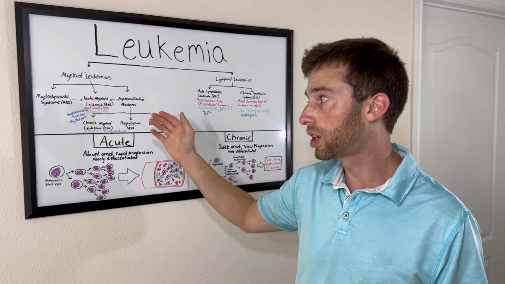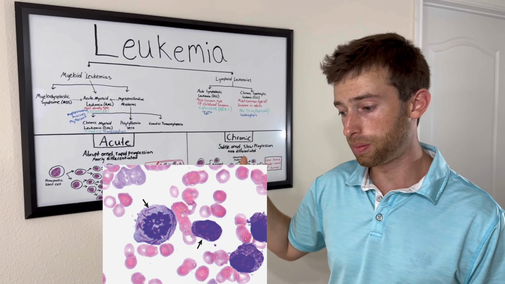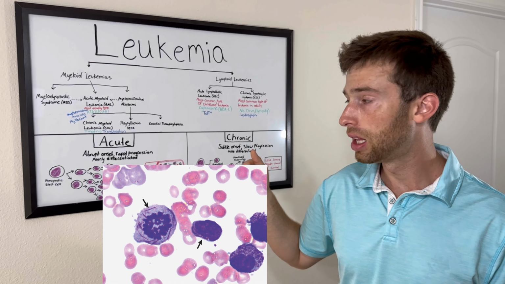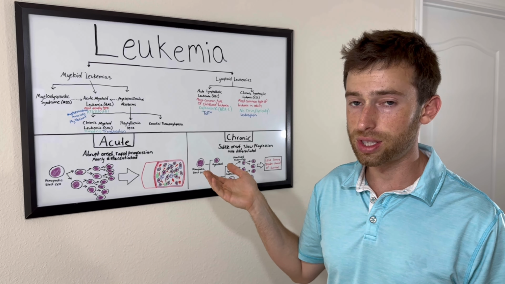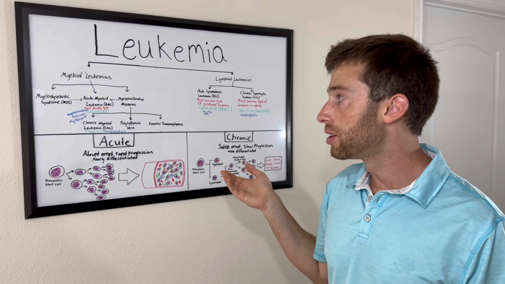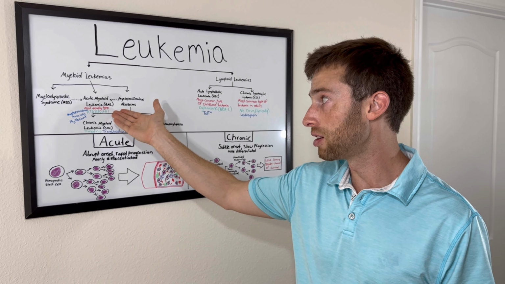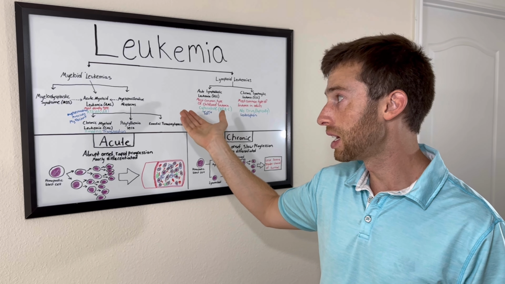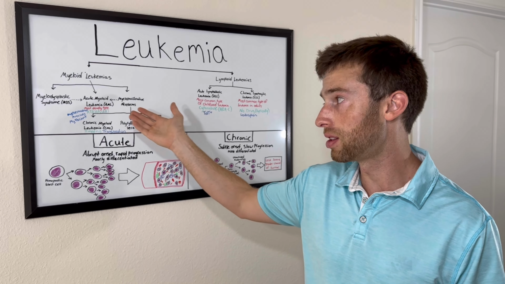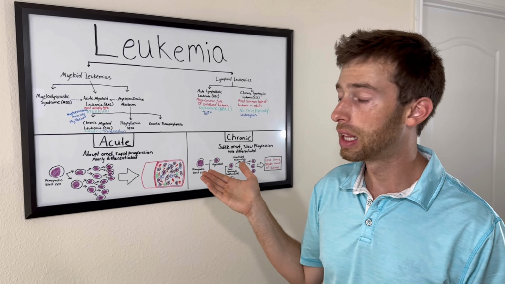And if you look at the cells, you'll actually see these things called Auer rods, which I'll put a picture here for you to see. And it's the defining characteristic of this type of leukemia. So the treatment for it is actually vitamin A, or ATRA, in this form. And basically it's just going to inhibit this enzyme and slow down the progression of this form.